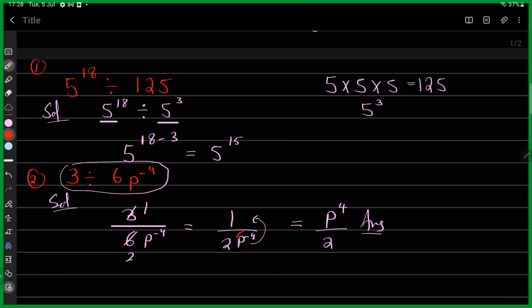Everything was simplified. The only thing I was left was I had to take this p power minus 4 to the numerator just so I can write down p with a positive power. So we know this rule. Negative index, the number can be relocated and the power becomes positive. So this is the answer. Okay, ma'am. Understood.